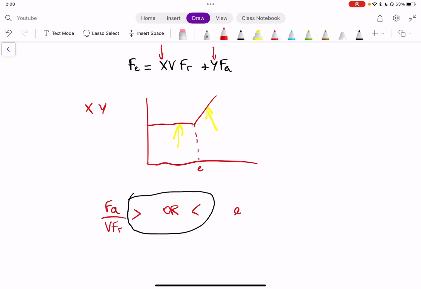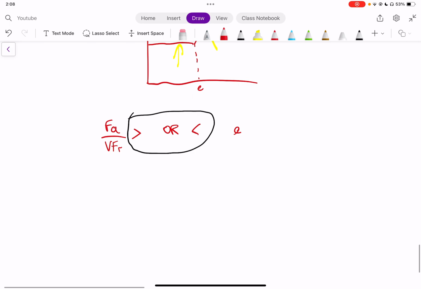Now, if we have FA over VFR that's less than E, then I'm just going to use that FE is pretty much equal to VFR. If my term is greater than E, it complicates the problem slightly. So let's look at this problem specifically. We have FA and we have FR.